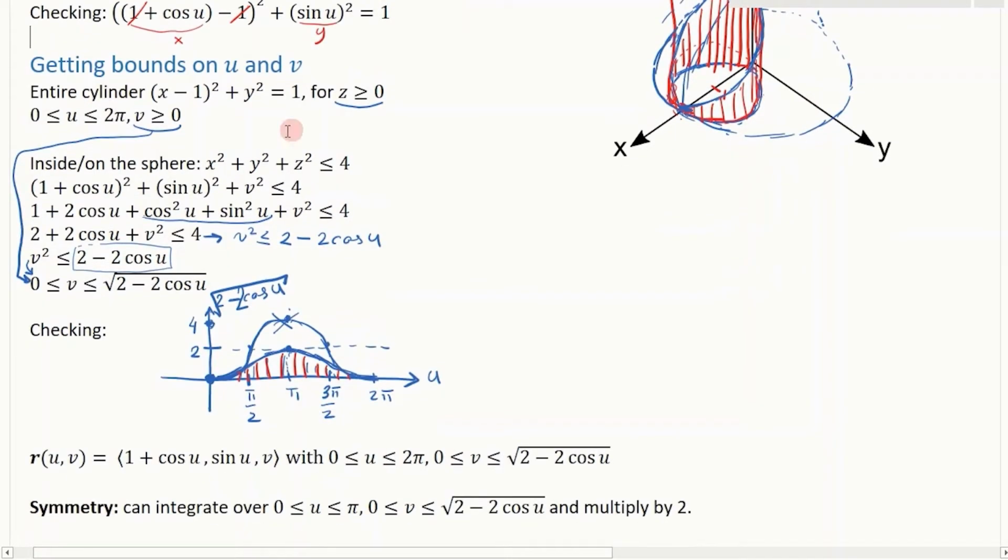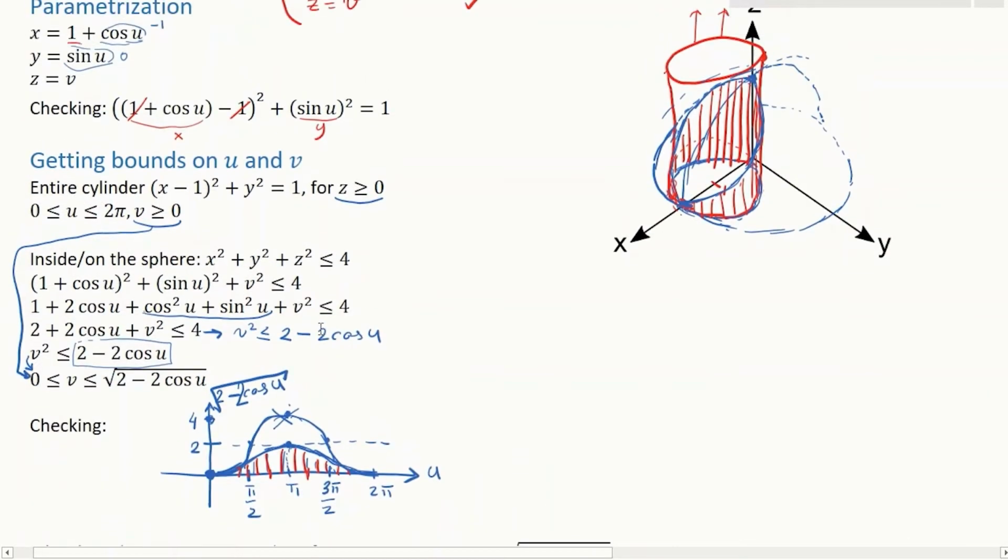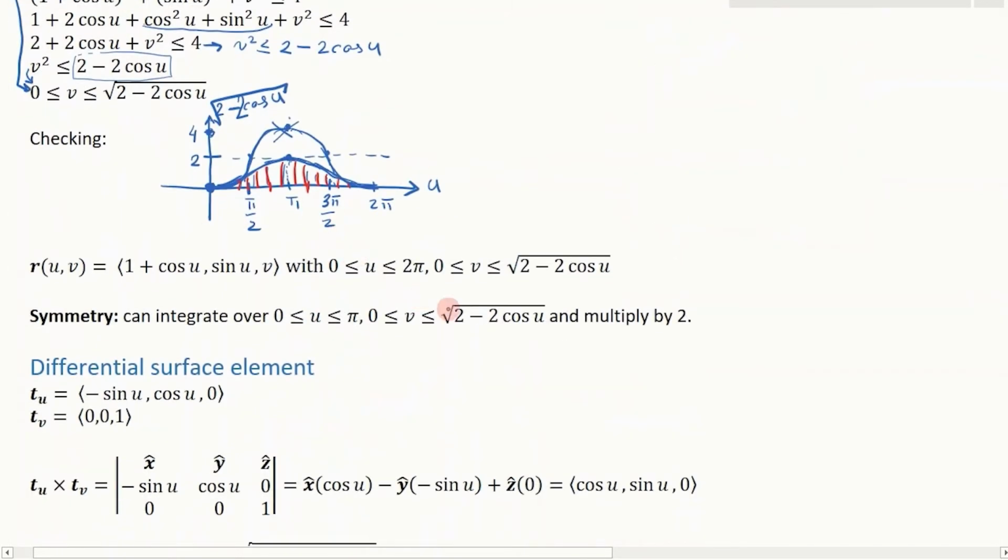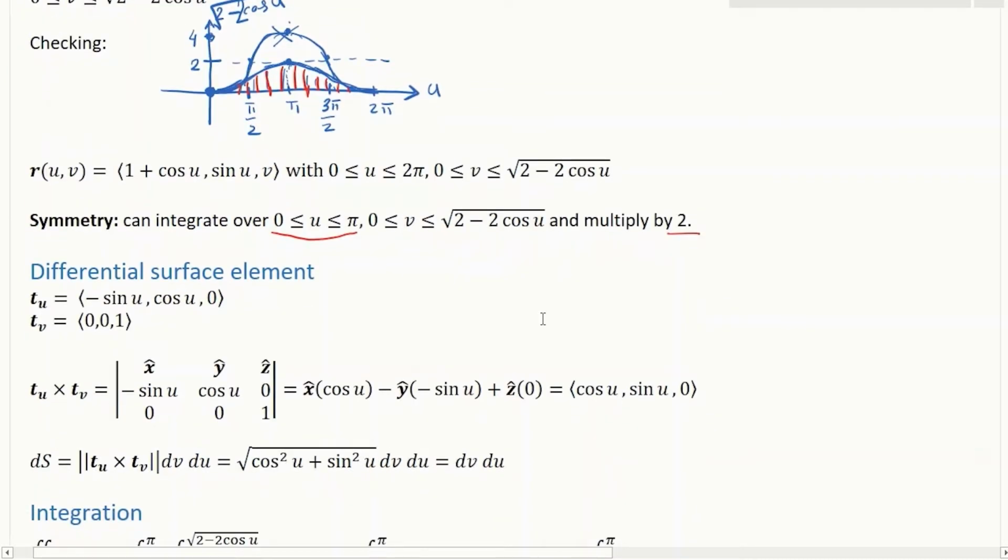And you can see it from this graph as well, how the bound is the same whether we're before u equals pi or after u equals pi. So then we can do the bounds from 0 to pi instead, and then multiply the result by 2. And the v bounds are the same as before. That's what I'll do.